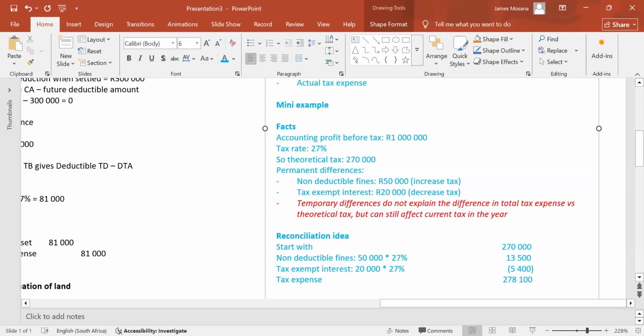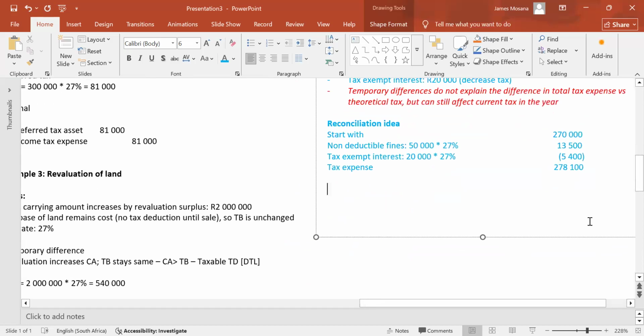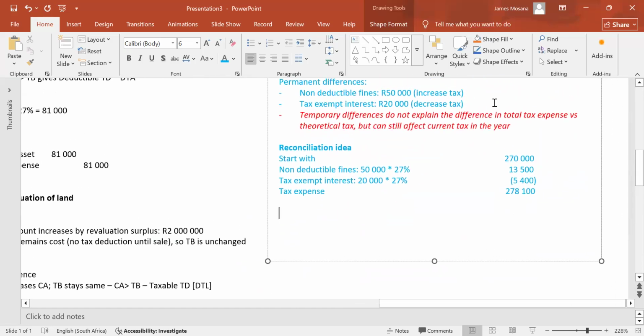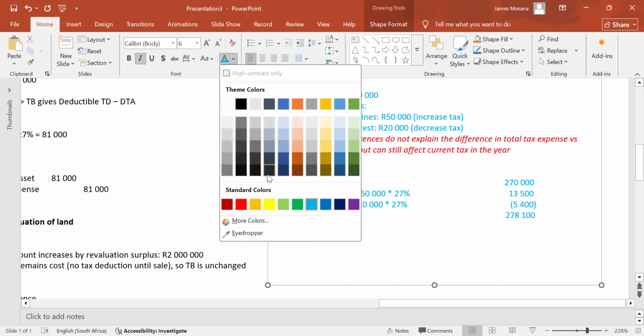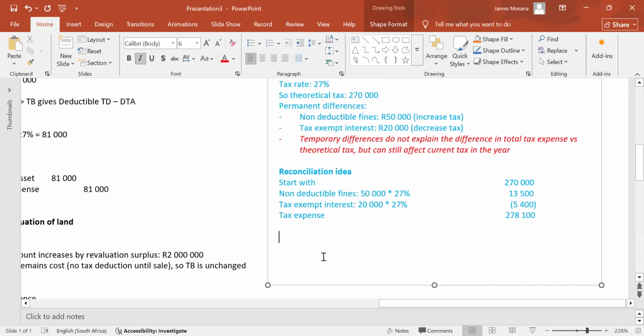Now, here's a teaching point, a knowledge point that I want you guys to grasp in relation to permanent differences. I told you about temporary differences. Now I want to tell you about permanent differences. Permanent differences change the effective rate.